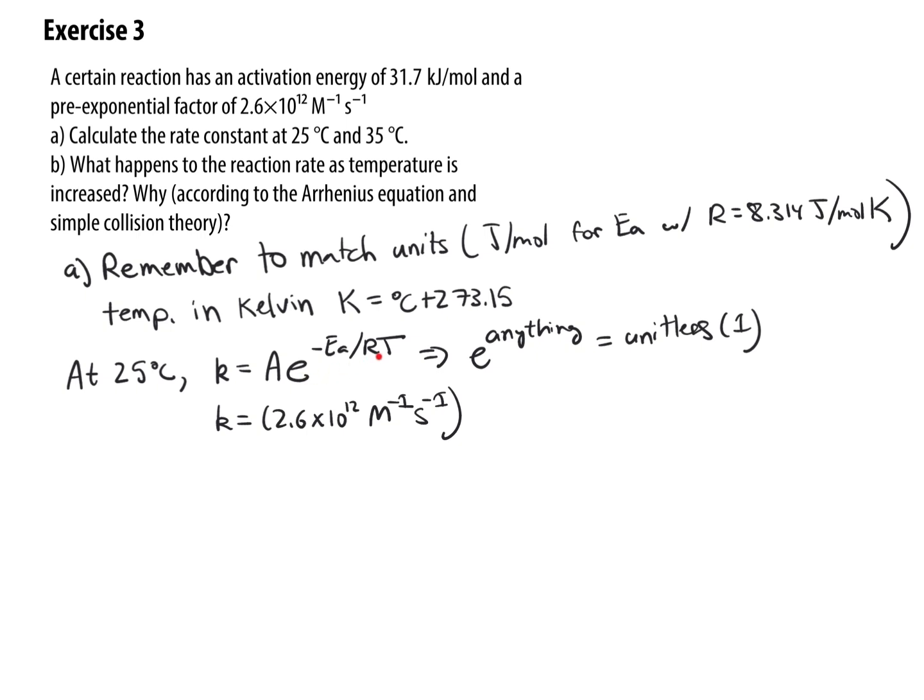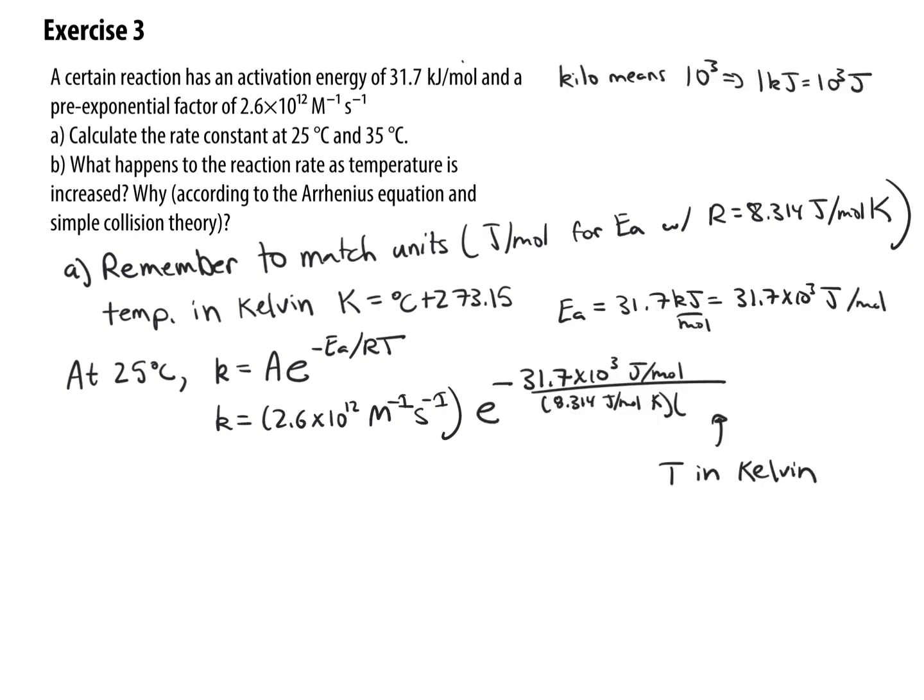Next, let's plug into this right-hand side with all of the e to the negative EA terms. So we've converted from 31.7 kilojoules to 31.7 times 10 to the third joules. Again, kilo means 10 to the 3, so times 10 to the 3 would work to plug that in. Negative 31.7 times 10 to the 3 joules per mole divided by, again, our value of R, 8.314 joules per mole Kelvin. Our temperature is in Kelvin, so we'll plug that in.